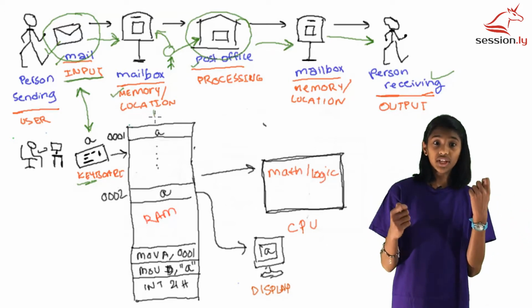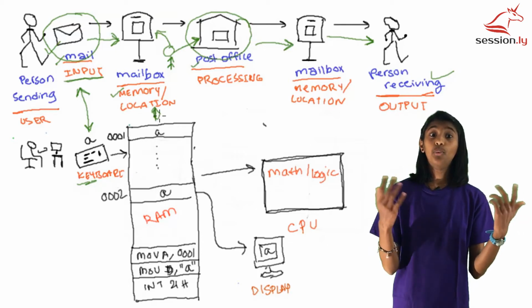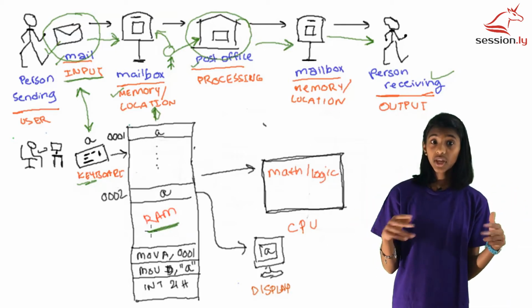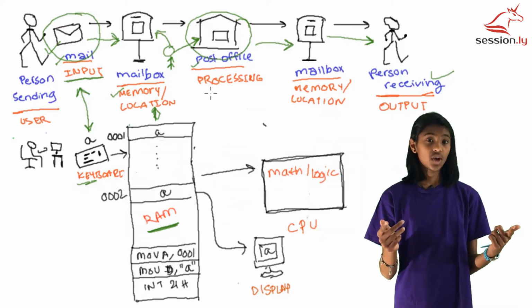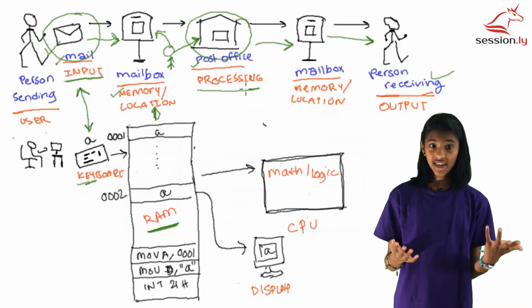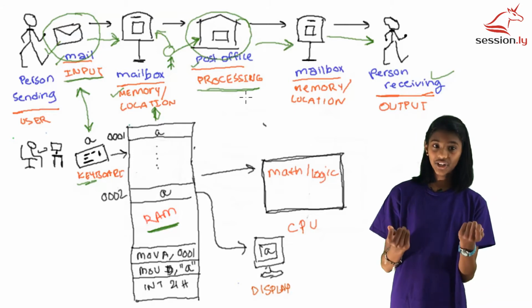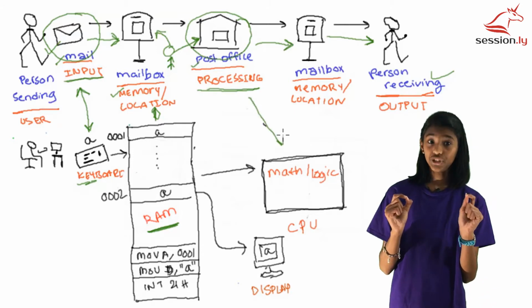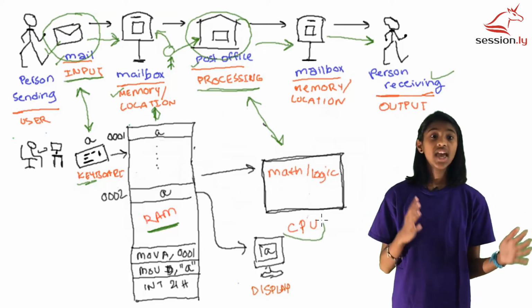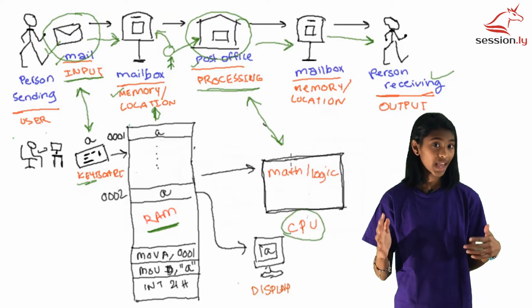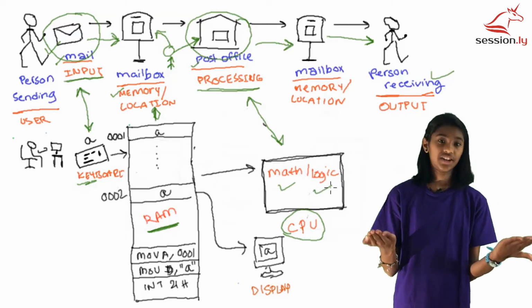It's like the memory in the computer, which is called RAM, Random Access Memory. The post office, where all the letter processing happens, can be considered a CPU in a computer. A CPU is where all the processing in the computer happens, like math, logic, etc.